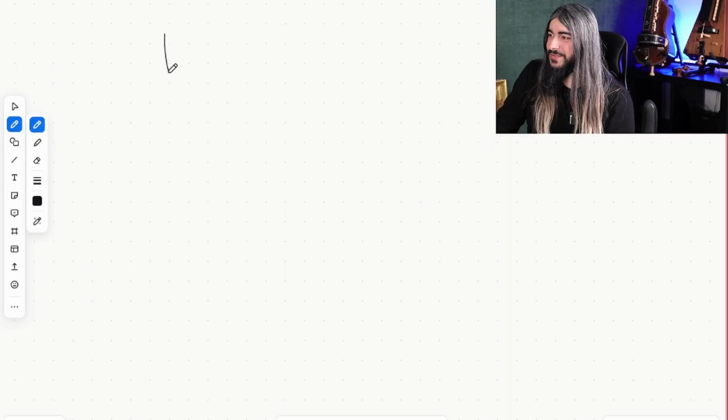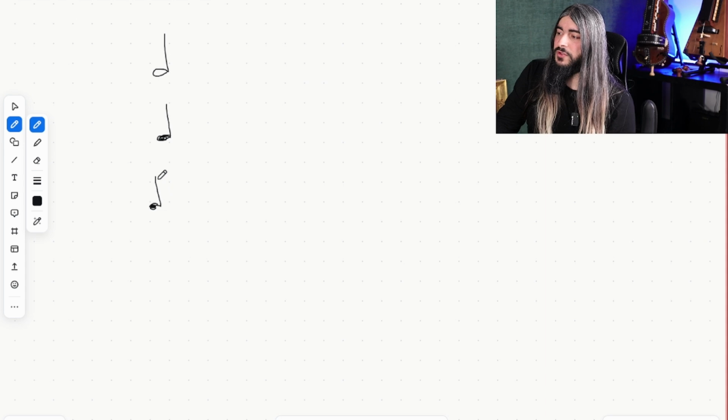Let's continue. 5 players today. The half note, or minim if you are Australian or from the UK, the quarter note or crotchet, a set of 2 eighth notes or quavers, and a set of 4 16th notes.